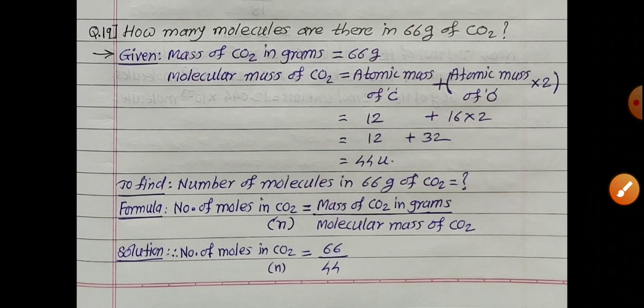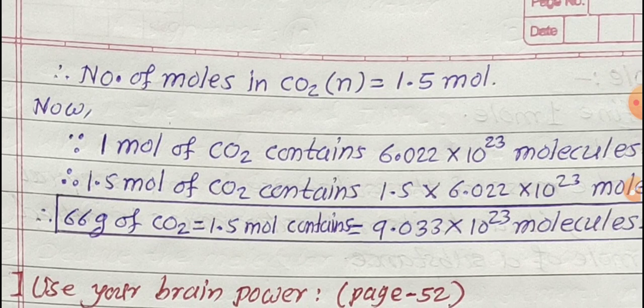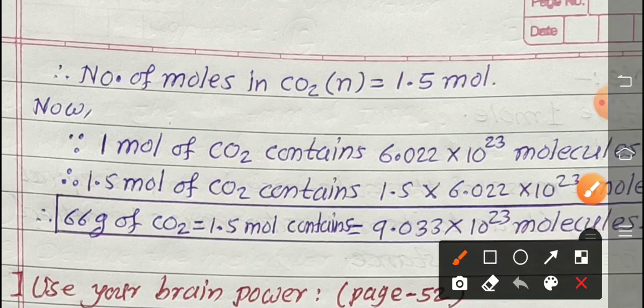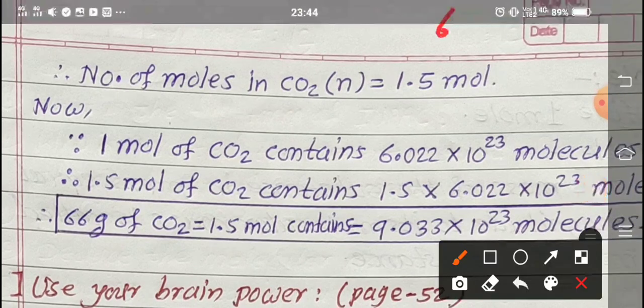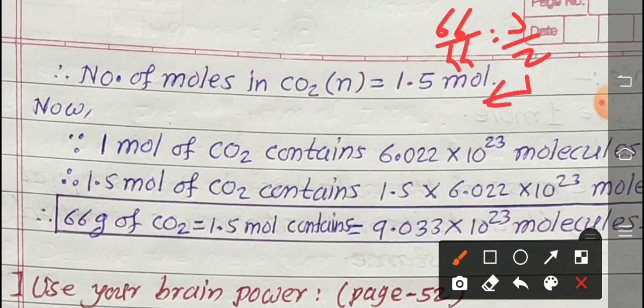So our answer in a fraction, see on the next page. What is the answer? 66 divided by 44. Reduce it, divided by 22. So 3 by 2 means nothing but 1.5 mole.